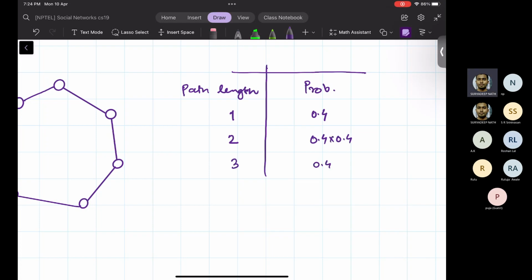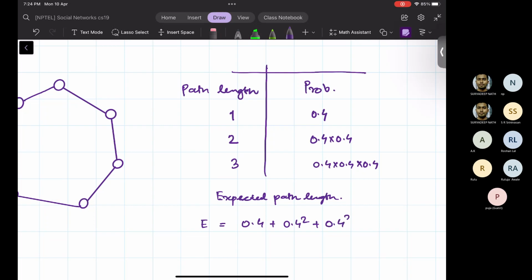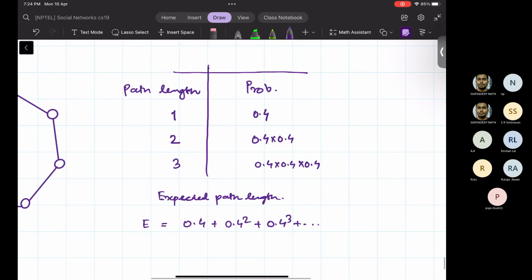For 3, it's 0.4 into 0.4 into 0.4. So like this, I think you have to find the expected path length, and that will give you the answer to this question. So is it coming out to be like that? So it is basically 0.4 plus 0.4 square up to 0.4 to the power 1 million.